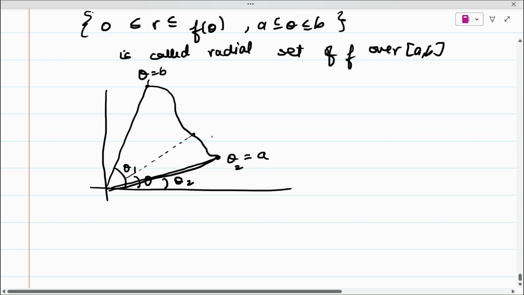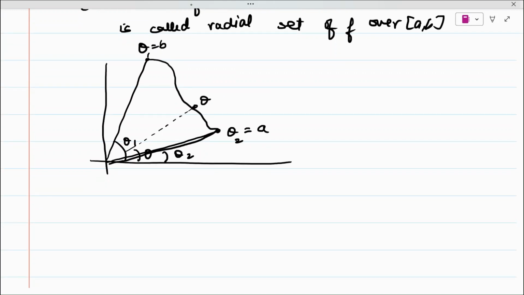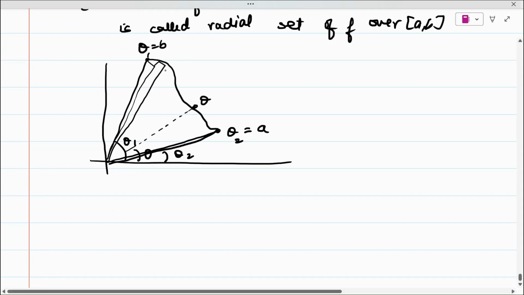From this interval, you can then define a step function like this, like this, like this, like this, to approximate the area.